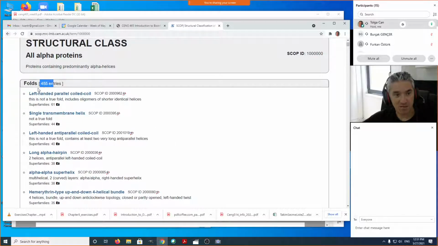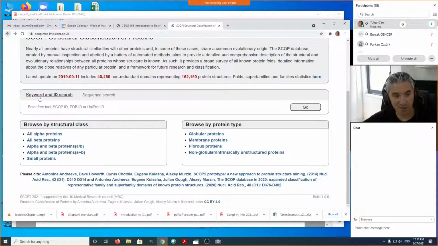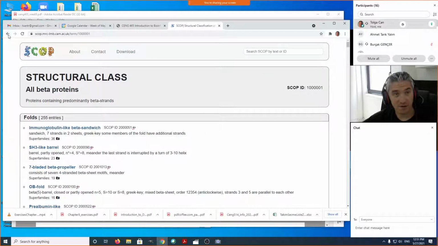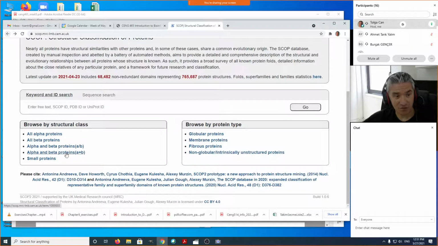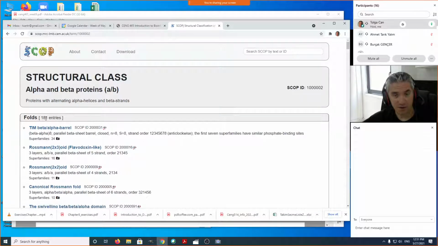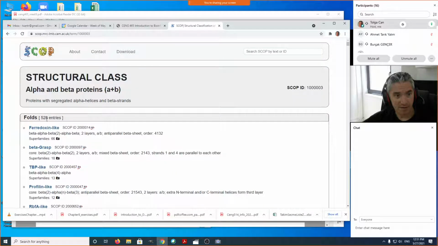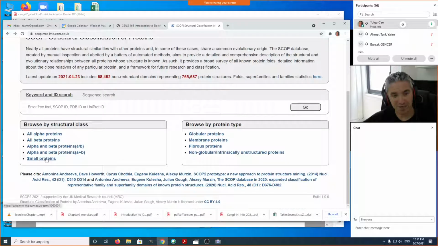If you look at how many folds there are in all these four classes, 455 here, 255 here, which makes around 700, another 200 makes it 900, another 500 makes it 1,400. These are the major folds, by the way, we can ignore that small protein part.